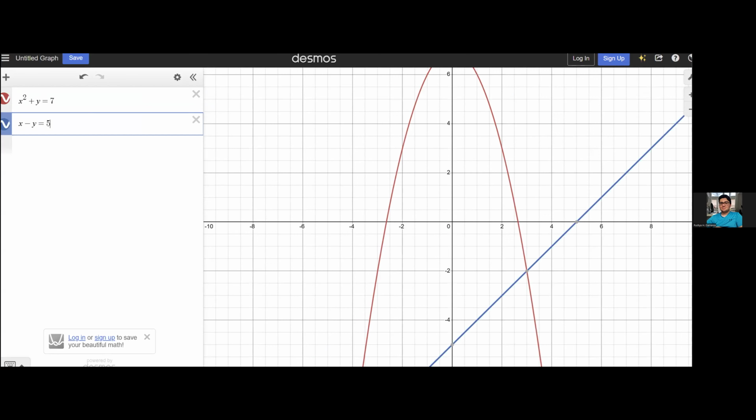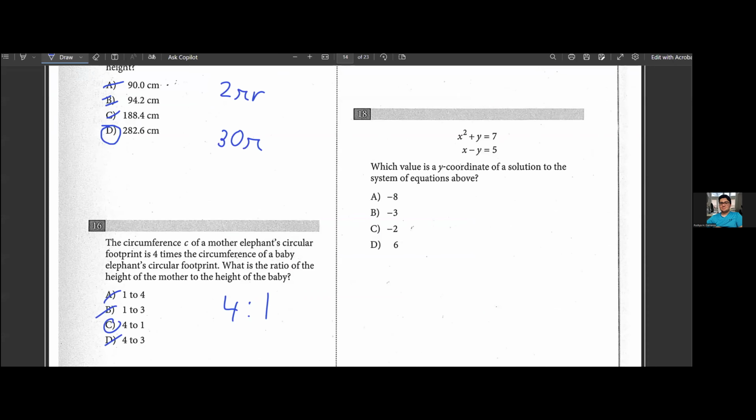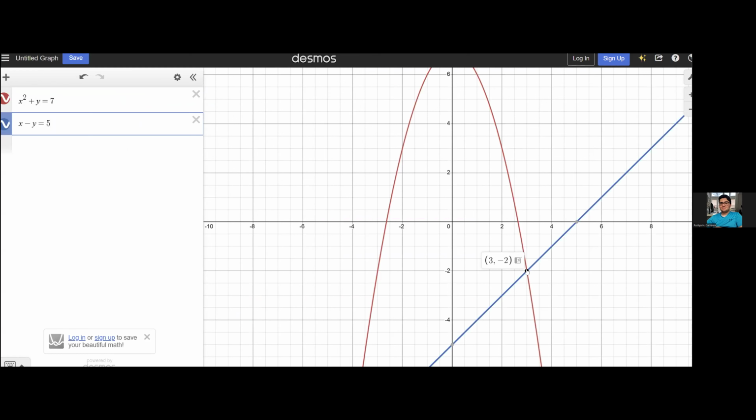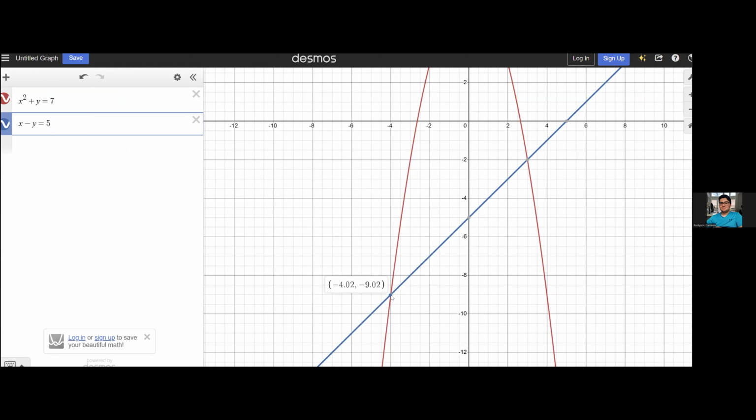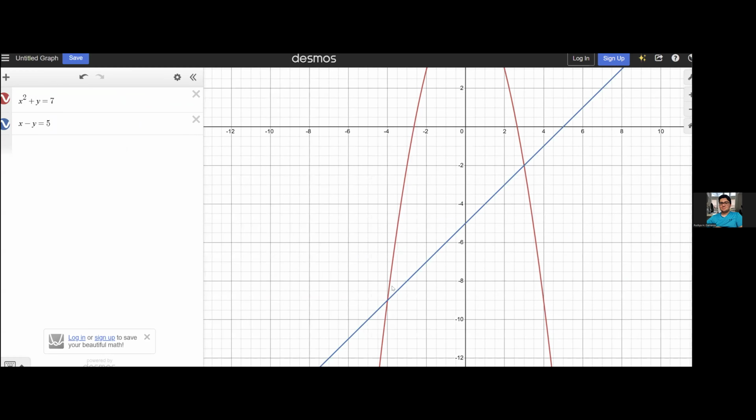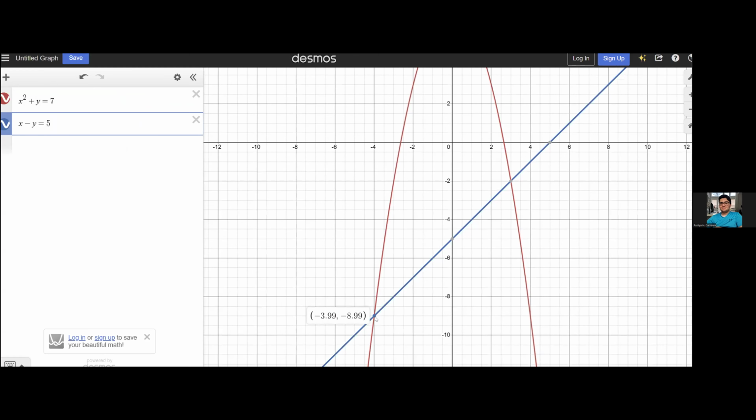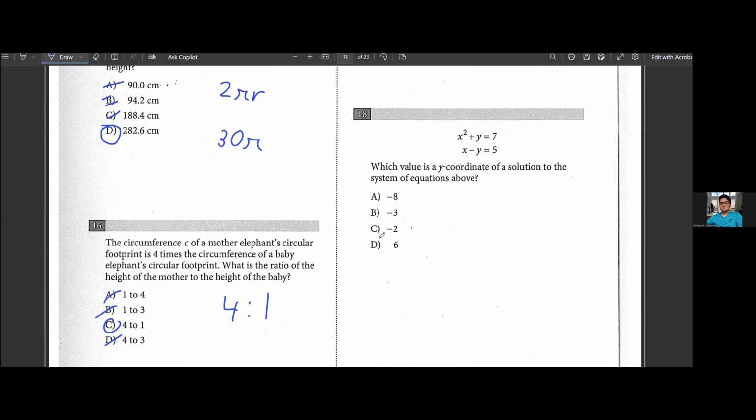And then it asks to find the y coordinates of a solution. So that would be -2 and -4. Or no, wait. -9 and -2. So there's -9, there is a -2, so the correct answer is C.